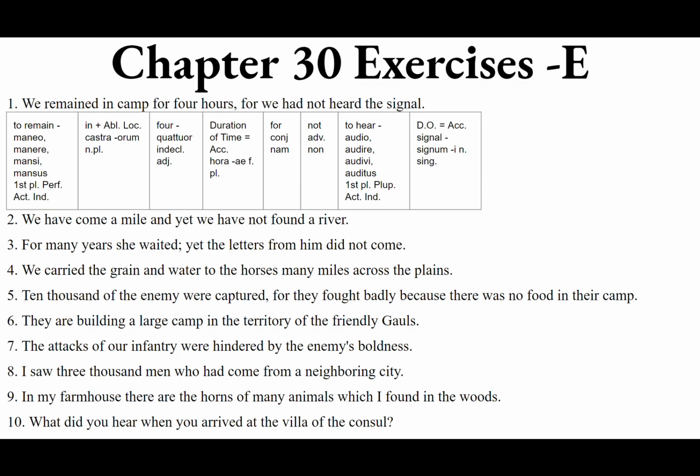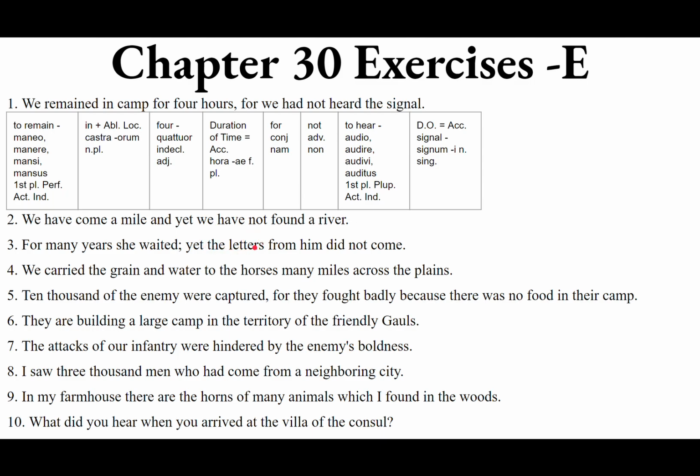Yet the letters from him did not come. Here we have yet again, like up here, we have tamen, post-positive. So we should probably put an emphatic word first. So epistulae, feminine, epistle. Now, the letters here are the subject, because the verb here is come. What did not come? The letters did not. So we want the nominative plural feminine subject, epistulae.